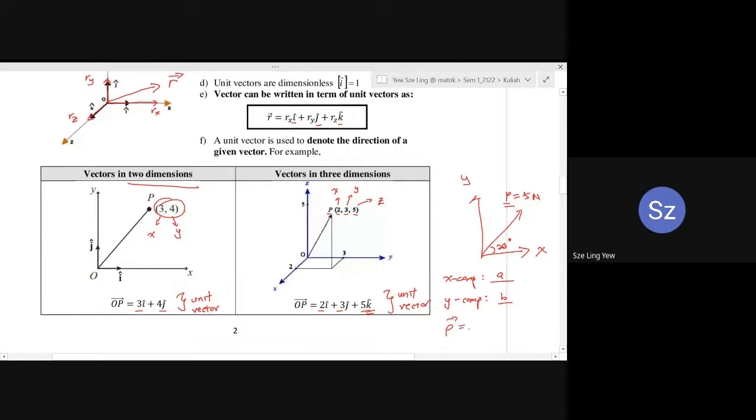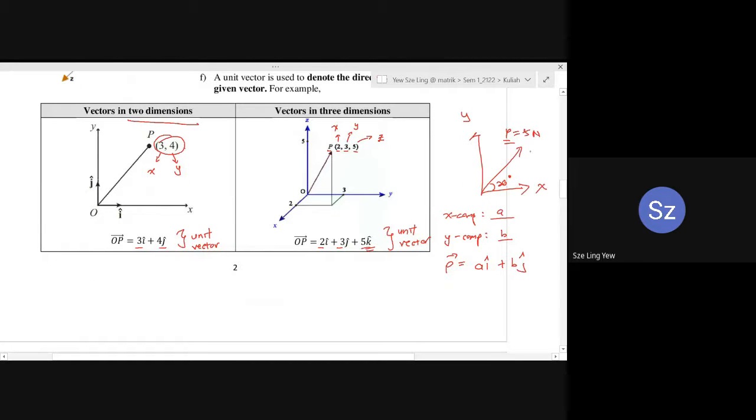So P equals Ai plus Bj. If you are given a vector, a value, you have to resolve the vector first. If you are given a coordinate, then straight away you can write it in the form of unit vector.